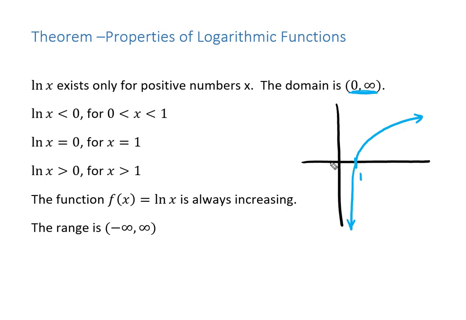And then we also have the natural log is positive, or it's greater than 0, for x values greater than 1. And then natural log of x is 0 at x equals 1. Notice that natural log right here is equal to 0 at x equals 1. It's an always increasing function. The range goes from negative infinity to positive infinity, but the domain is only positive numbers, so greater than 0 all the way to infinity.